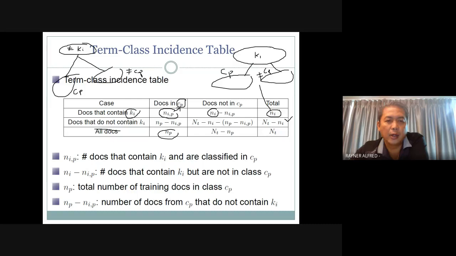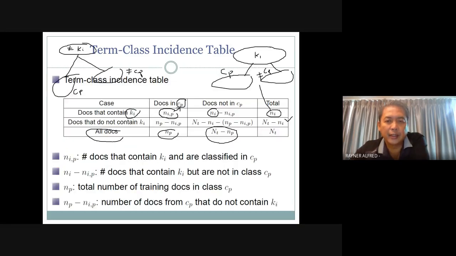So we are referring to all documents, and we look at the number of documents that belong to class P and the number of documents that do not belong to class P. Okay.